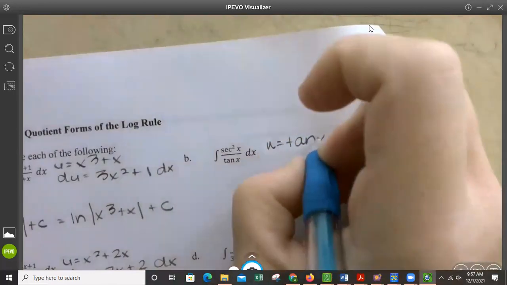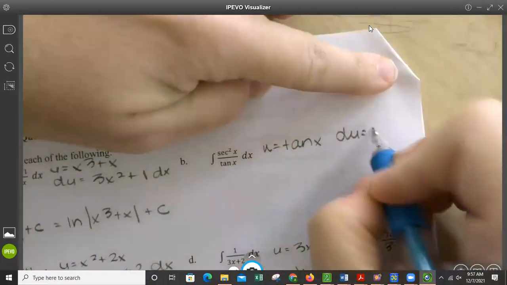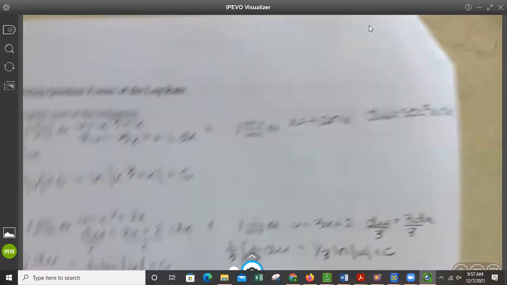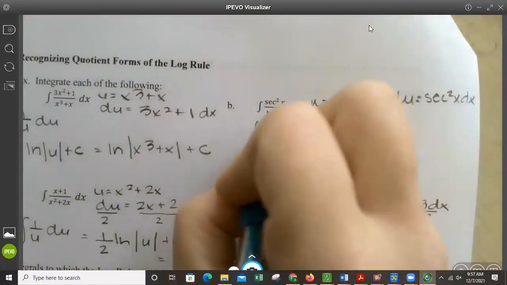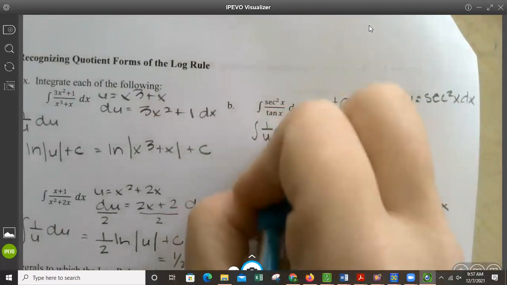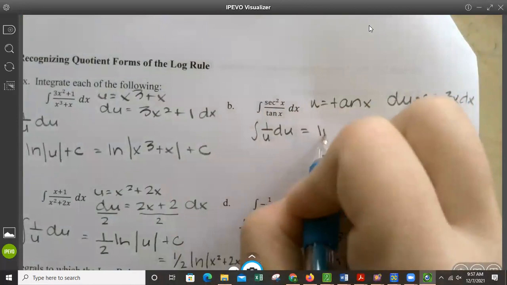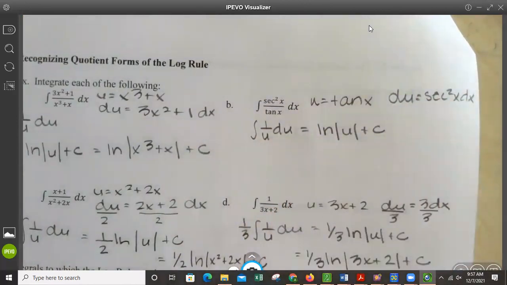What's the derivative of tan x? Okay, so we get du equals secant squared x dx. This is just normal, 1 over u du, nothing else. 1 over u is ln absolute value of u plus c.